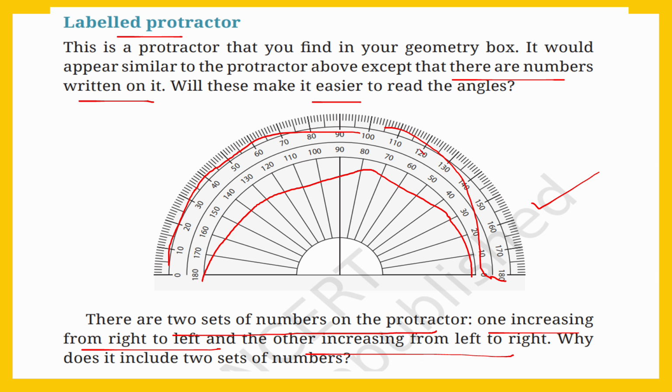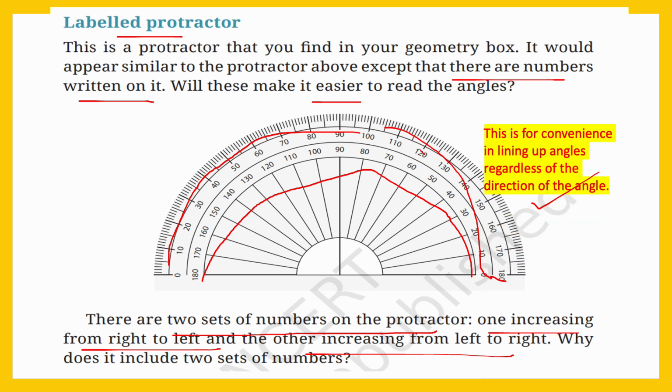Why does it include two sets of numbers? This is for convenience in lining up angles regardless of the direction of the angle. We can easily measure the angle irrespective of its direction.